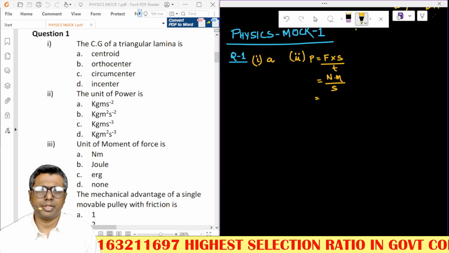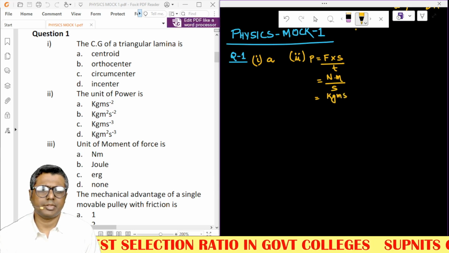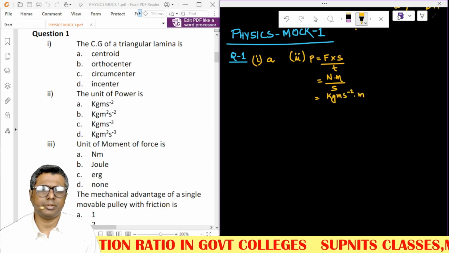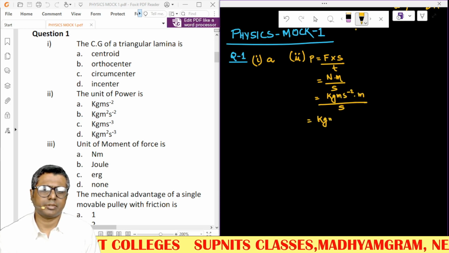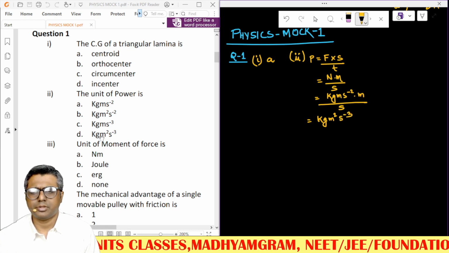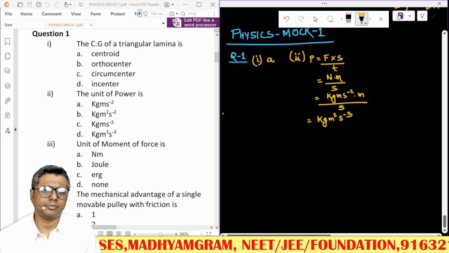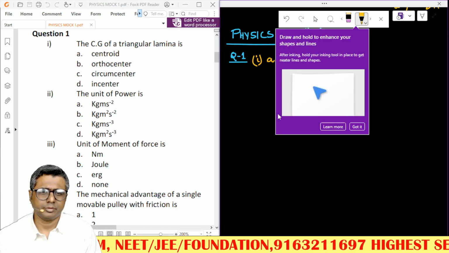Newton means m into a, that is mass into acceleration, kg meter per second square, into meter by second. So kg meter square second to the power minus 3. So this will be option number D. Okay.